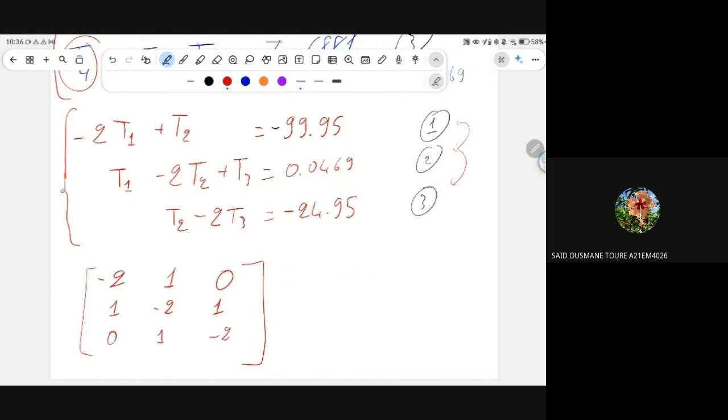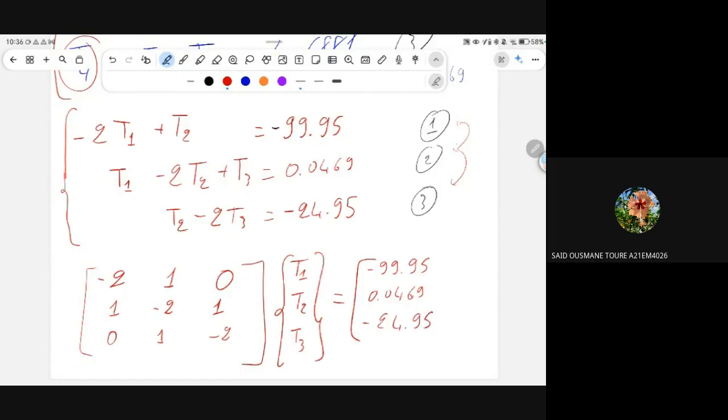This is quite interesting because it's what we call a symmetric matrix. So you have T1, T2, and T3 equals -99.95, 0.0469 minus 24.95.